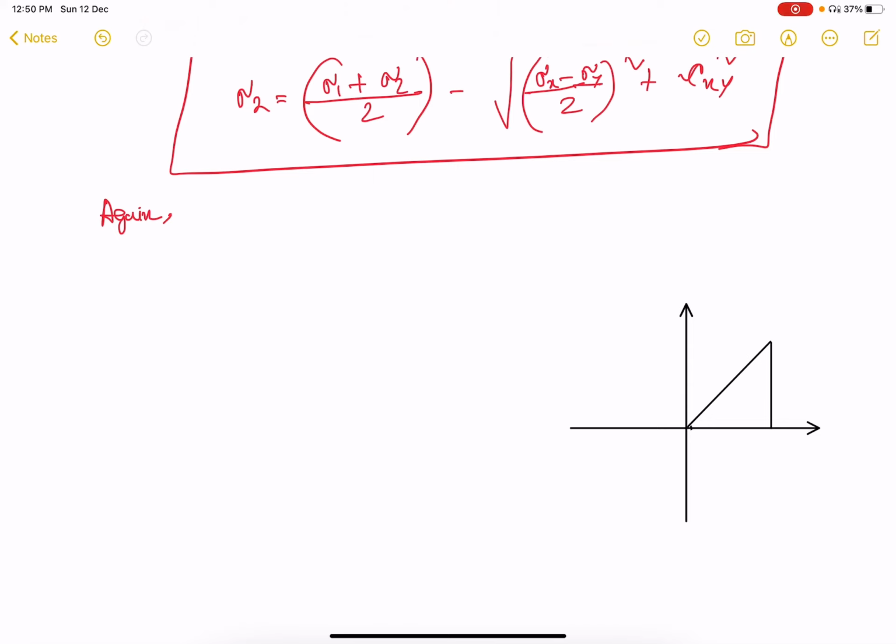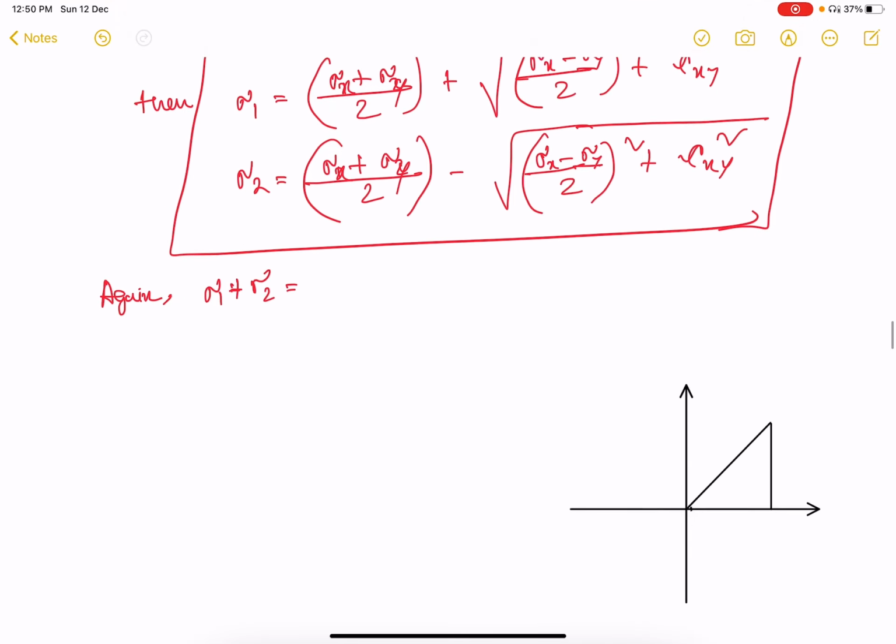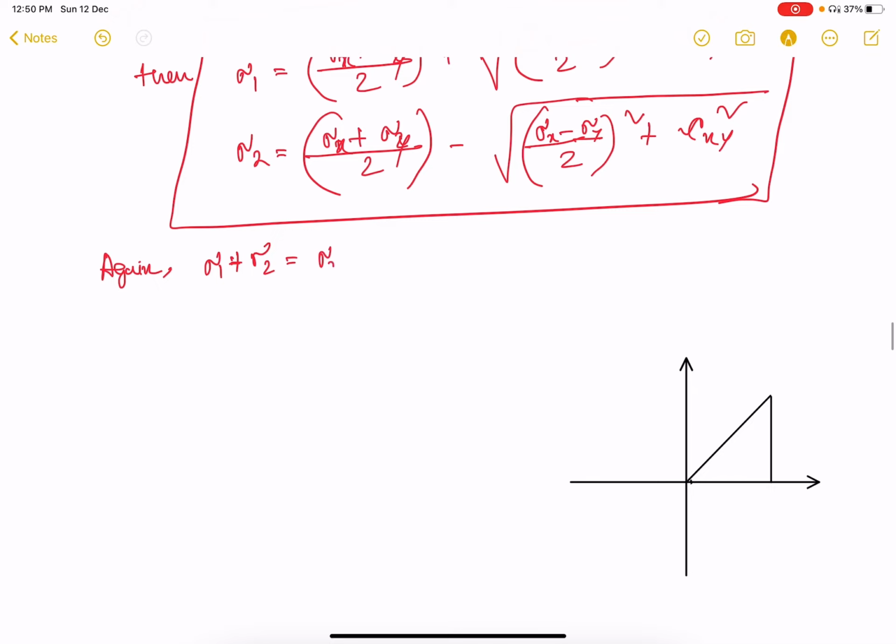Again you can see, if we add sigma 1 plus sigma 2, it is sigma x plus sigma y. If we add sigma 1 plus sigma 2, it will come out to be sigma x plus sigma y, because the root terms cancel out and the remaining term becomes twice (sigma x plus sigma y) divided by 2. So this is called stress invariant.